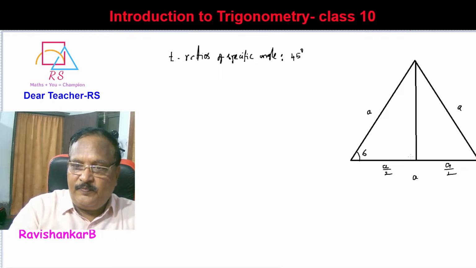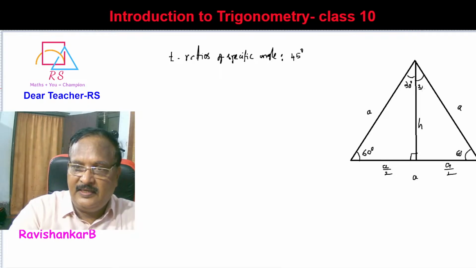Then this is 90 degrees, and this is H, the height. Now this angle is 60 degrees and this angle is 60 degrees, and because the vertical angle also got bisected, we get 30 degrees and 30 degrees.